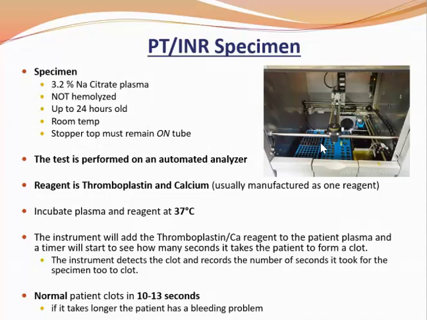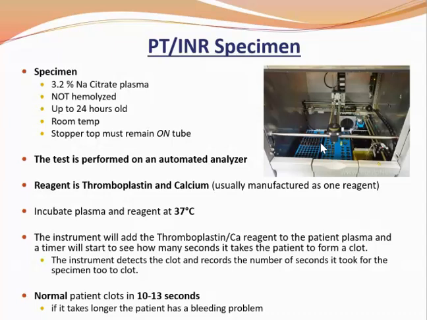The reagent for this test is thromboplastin. Remember, thromboplastin helps kick off the coag cascade. And also the reagent is calcium. And these are usually manufactured as one reagent together.